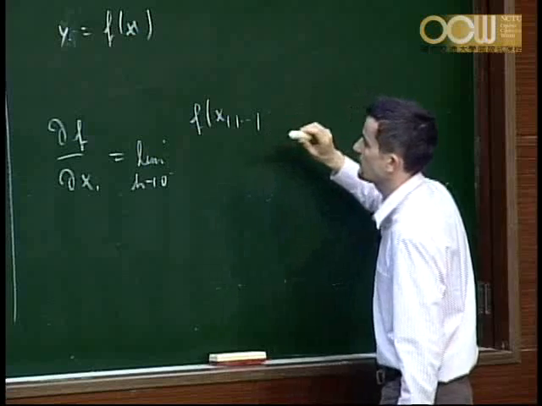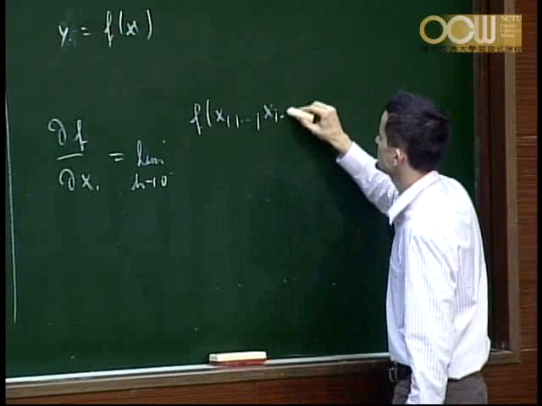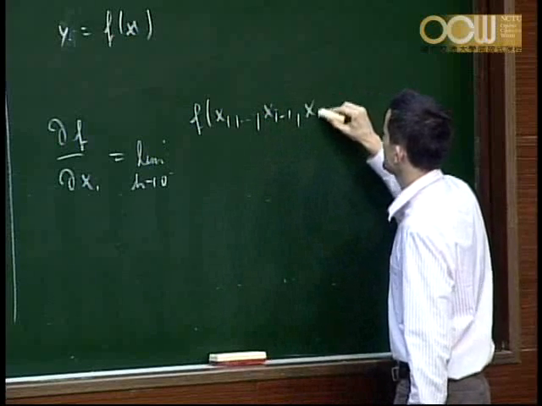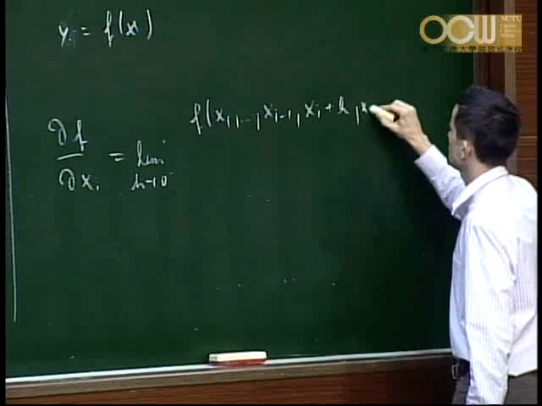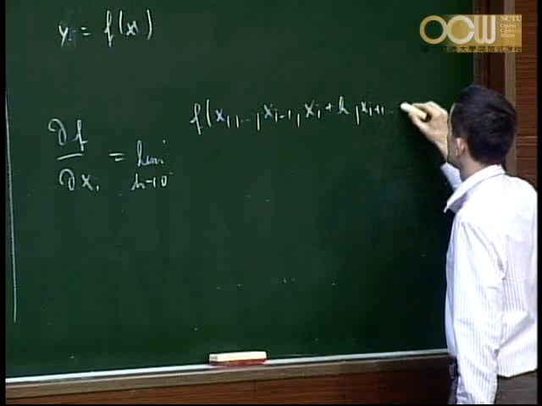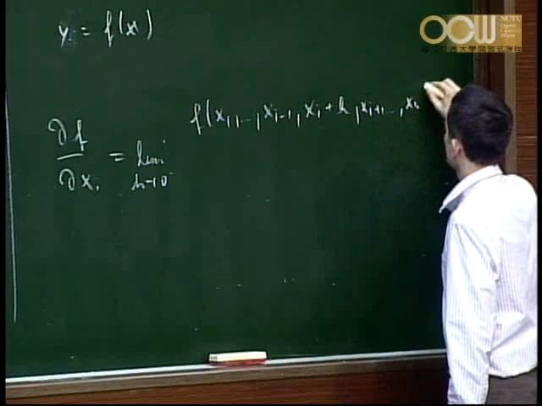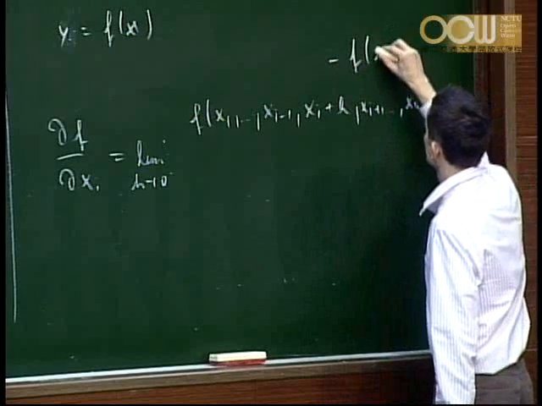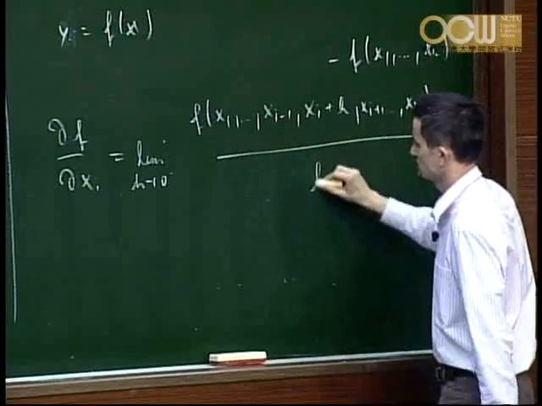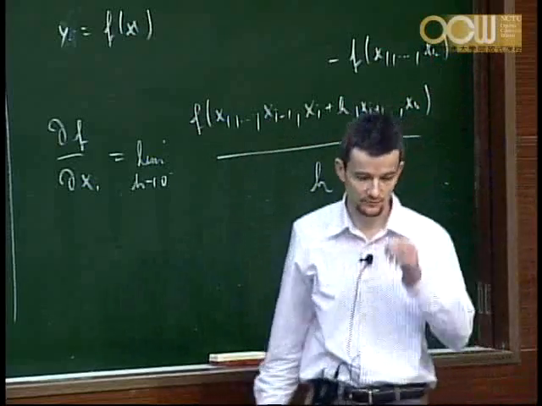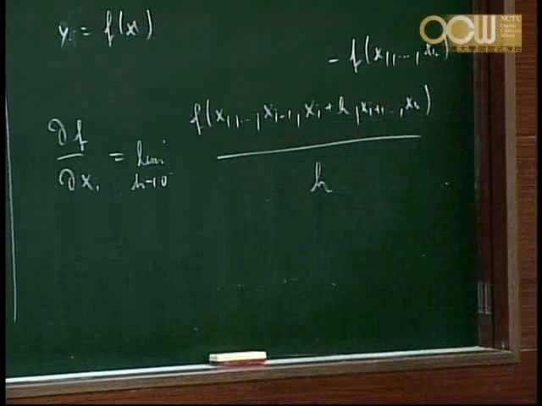All of them are constants, only at the i-th coordinate you have xi plus h, then xi plus 1, and you go on until xn. Then you have minus f of x1 up to xn, and everything divided by h. This is then called the partial derivative of f with respect to xi.